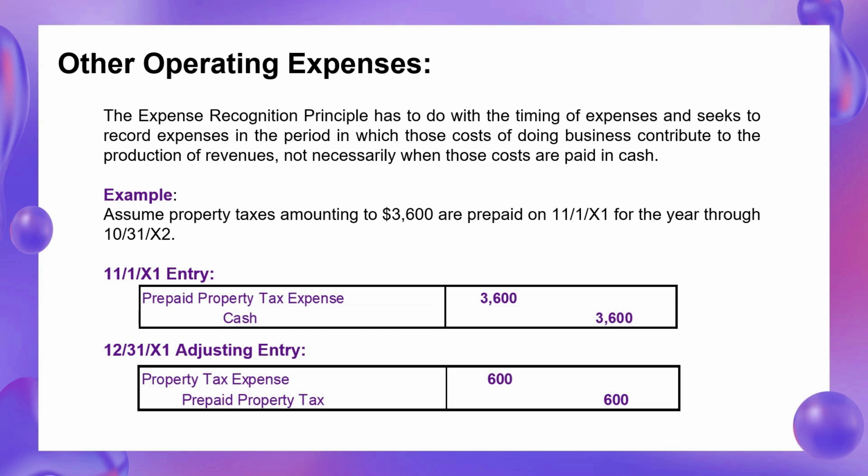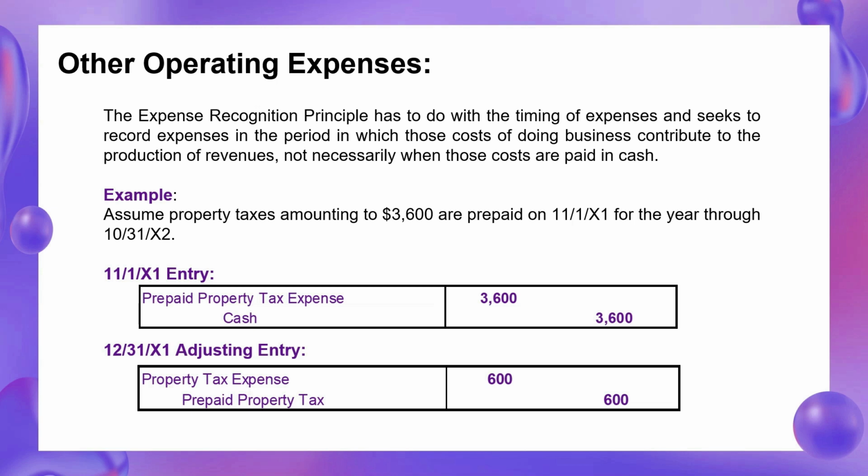For example, assume property taxes amounting to $3,600 are actually prepaid on, for example, November 1st in the year X1, and those property taxes represent property taxes paid in advance and therefore cover our tax obligation for the next 12 months, through the period ending October 31st in the year X2.